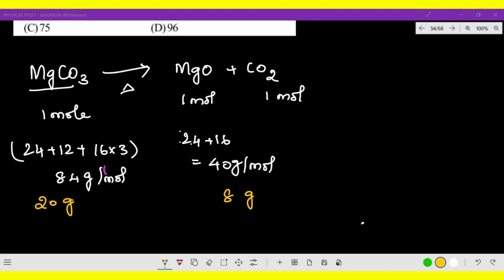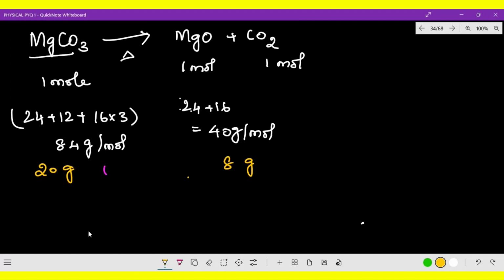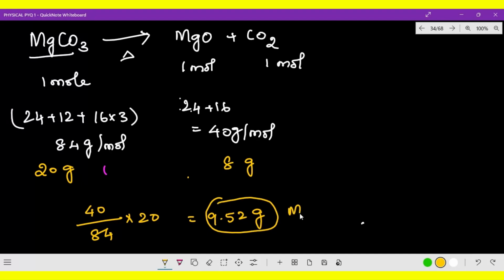Therefore 20 gram of magnesium carbonate can provide 40 divided by 84 into 20. As we calculate, you will get 9.52 gram. So 20 gram of magnesium carbonate can produce 9.52 gram of magnesium oxide. Pakka answer. That is the theoretical value.